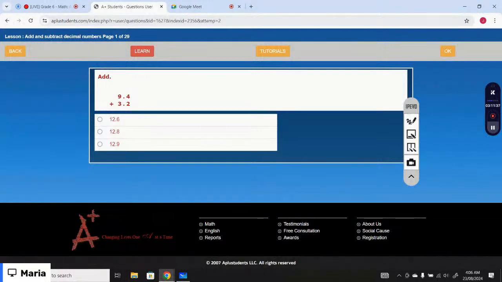The correct option is, you just have to add, right? So the correct option is 12.6. Option number 1 is the correct option.